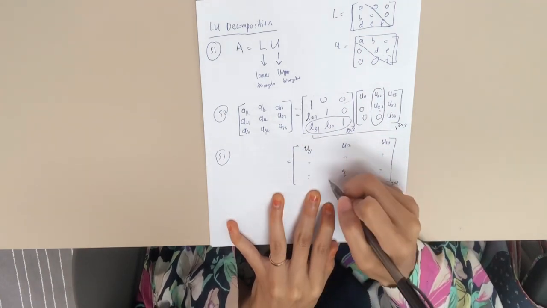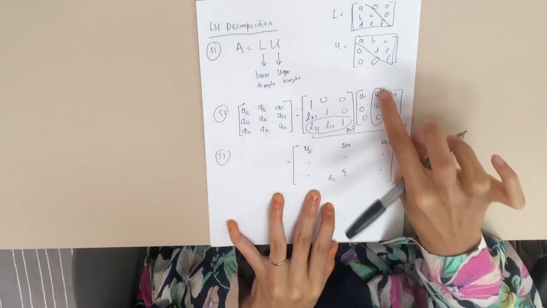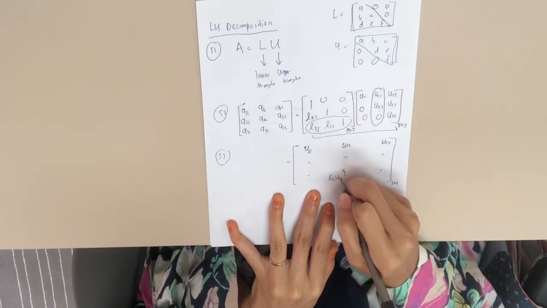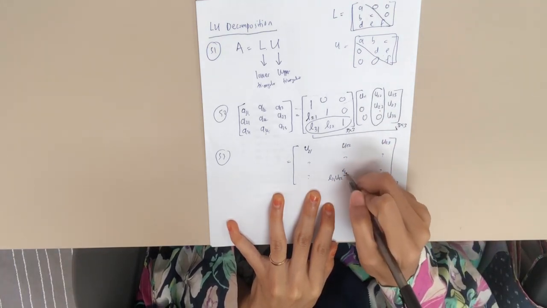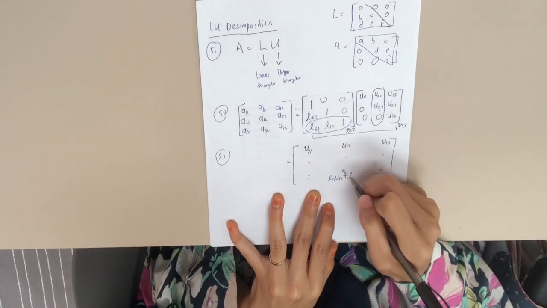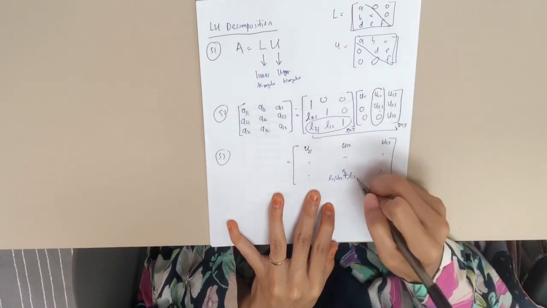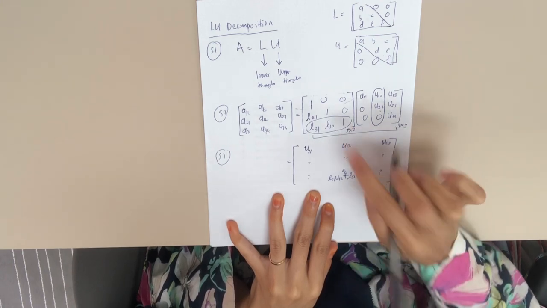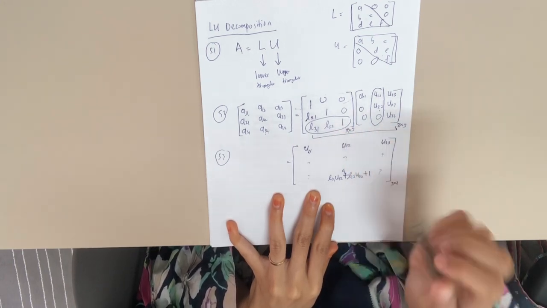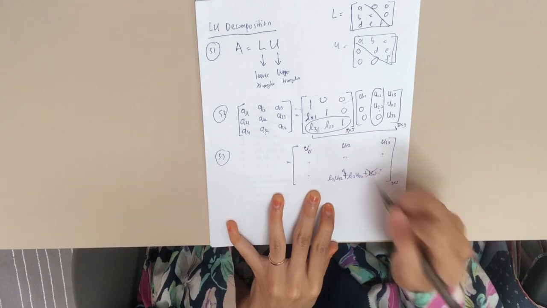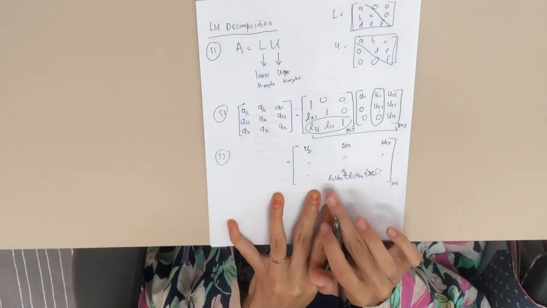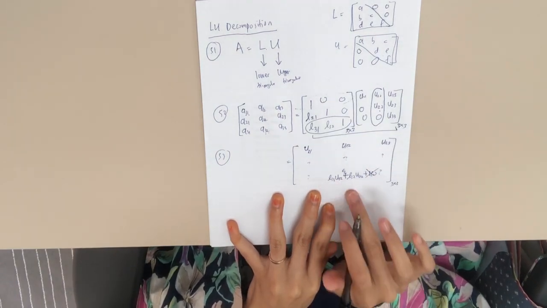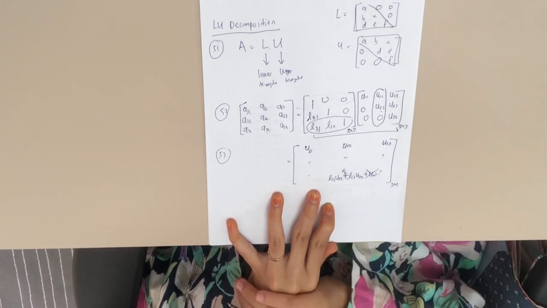L31 times U12, plus L32 times U22, plus 1 times 0. So that last term is not there. So the element here is L31 U12 plus L32 U22.